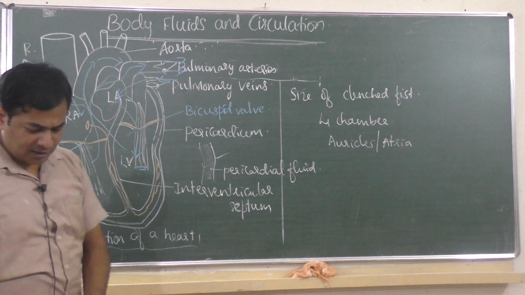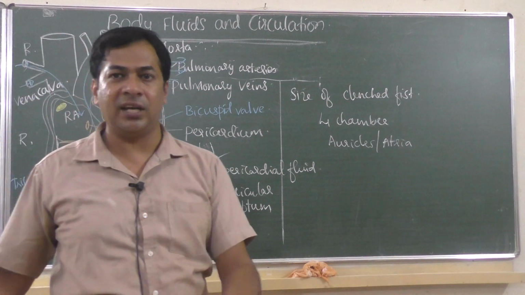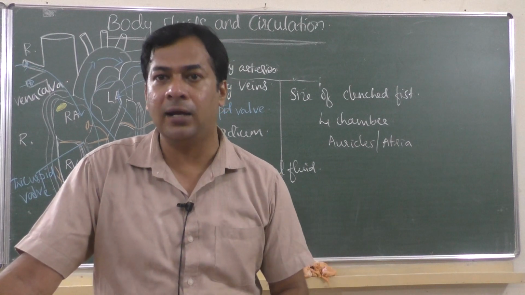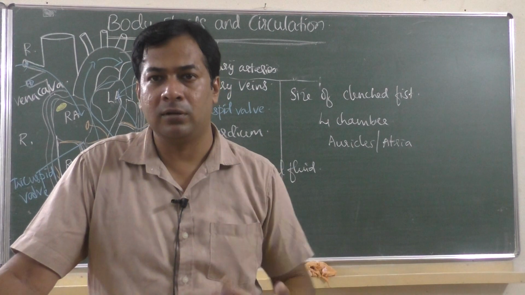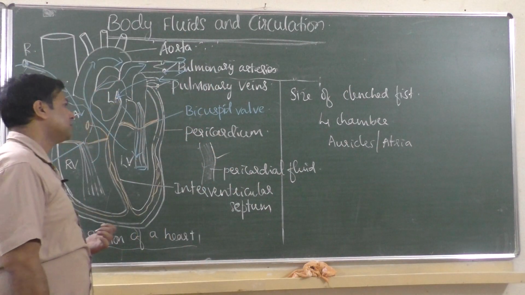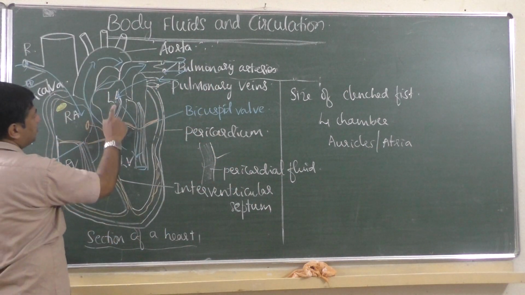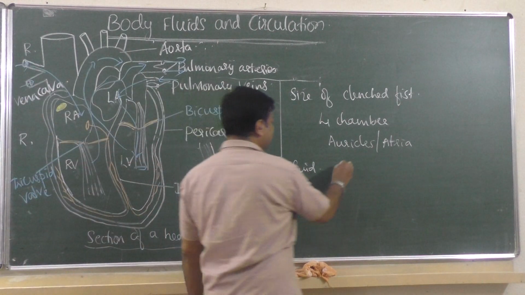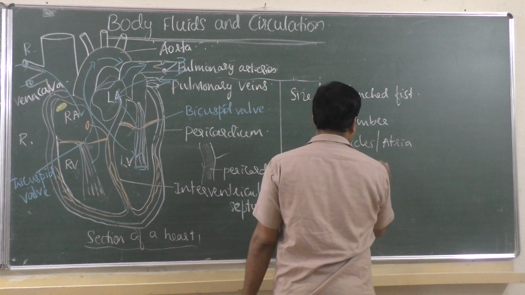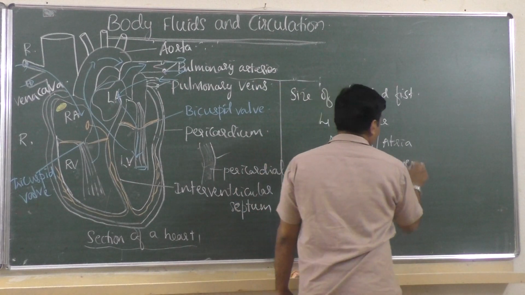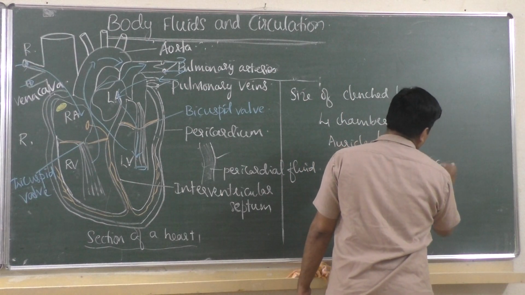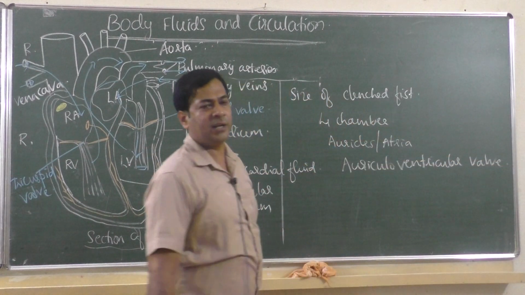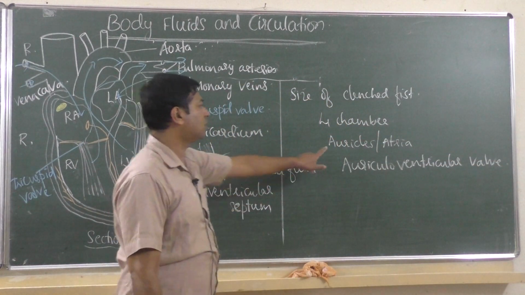Like the border present between India and China, we call it Indo-China border, like the border between Burma and India, Indo-Burma. Here this valve is present between auricle and ventricle, so it is called auriculoventricular valve in general, or you can say atrioventricular valve, because auricles are also called atria.